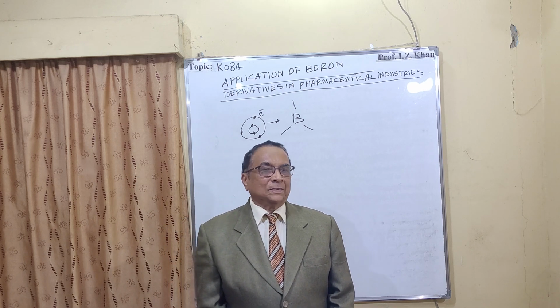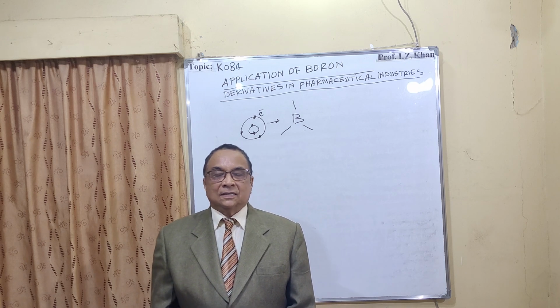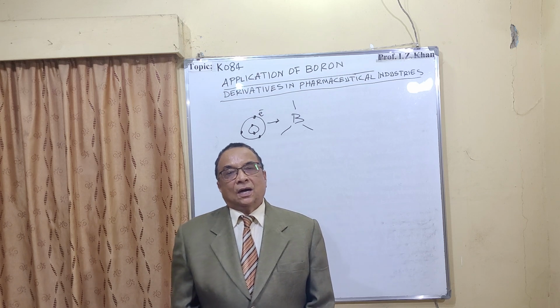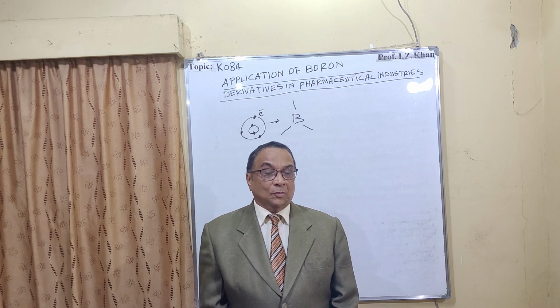But some insects, like mice and moths, are not killed by the action of boric acid.